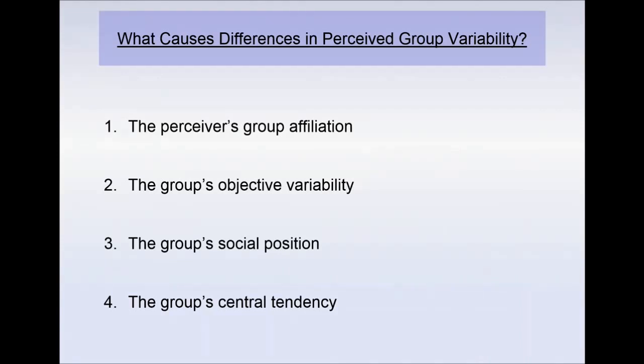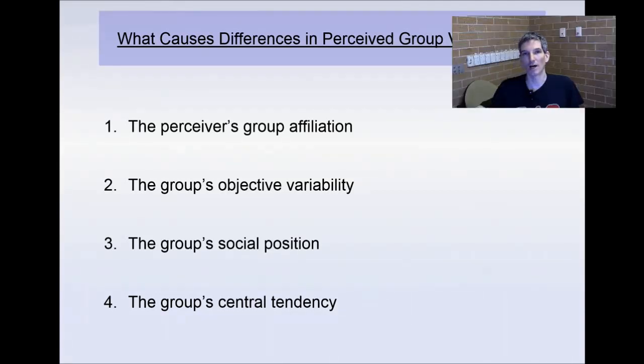In the review, we focus on four main reasons for why people might perceive members of groups to be more or less variable. And those four reasons are, number one, the perceiver's group affiliation. So are you a member of the group or are you not a member of the group? Are you in the in-group or not? And that can have an effect, as we'll see in a minute.